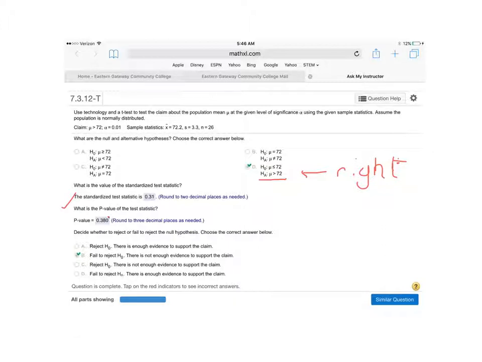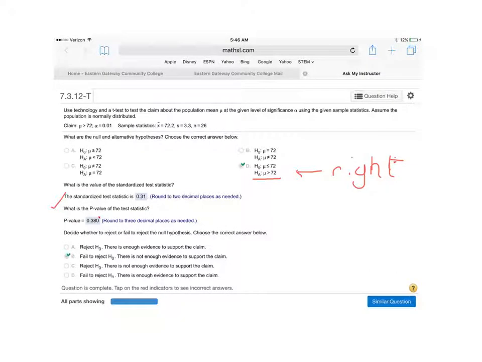So we got a test statistic of 0.31. That's like a z-score. And sorry, this is a t-score. In this case, this is a t-score because we are in the t-distribution, because we are using our sample standard deviation as an approximation of the population standard deviation.